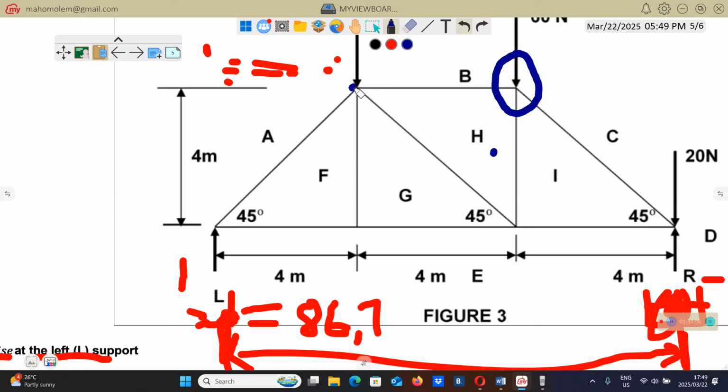So the joint we're talking about is this point. This is where these members are joined. So we're going to consider the joint. But anyway, let's start here at this joint. So you can make a cycle like this.